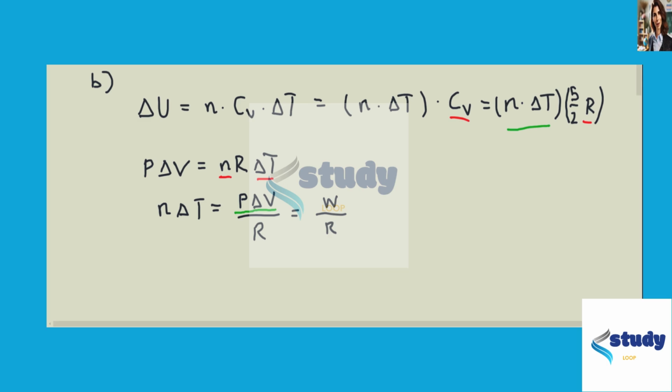And since we know both values, we can directly substitute and say this is minus 600 joules, and down there we have 8.314 joules per mole Kelvin. So this will be just mole Kelvin units, and this is equal to minus 72.2 mole Kelvin units.